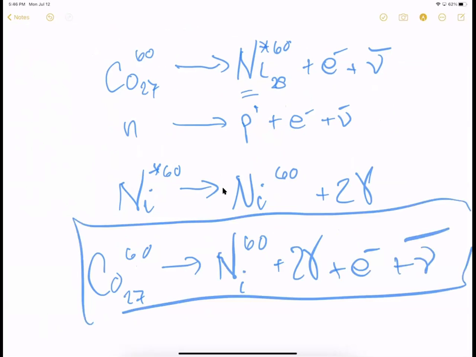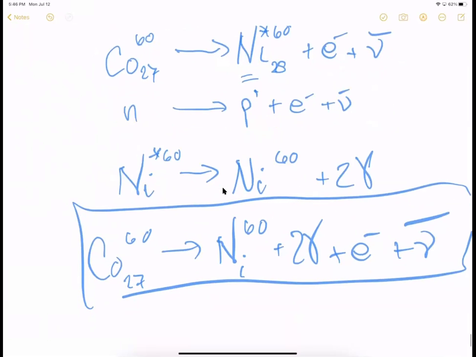And now here's the way they were able to get a comparison. If you just had a gas of the cobalt, then you would get these particles coming off in just arbitrary directions. So what you want to do is polarize the Cobalt 60. So you want to get the cobalt atoms' angular momentum vectors lined up as much as possible.